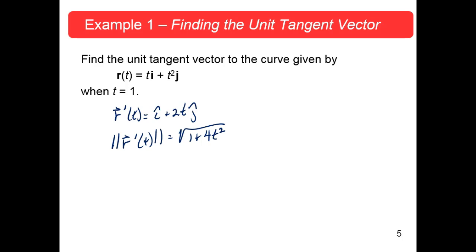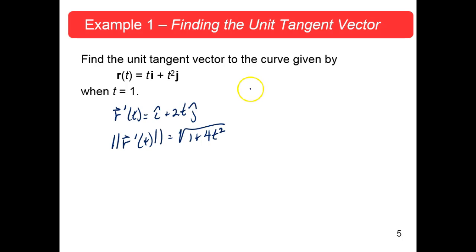Okay? Now, to make it a unit tangent vector, divide by its magnitude. So that was the next thing I did, was take this vector and divide by its magnitude. That's going to be the square root of 1 squared plus 2t squared, which is 4t squared. Right? Now, that's in terms of t. So let's put that together.